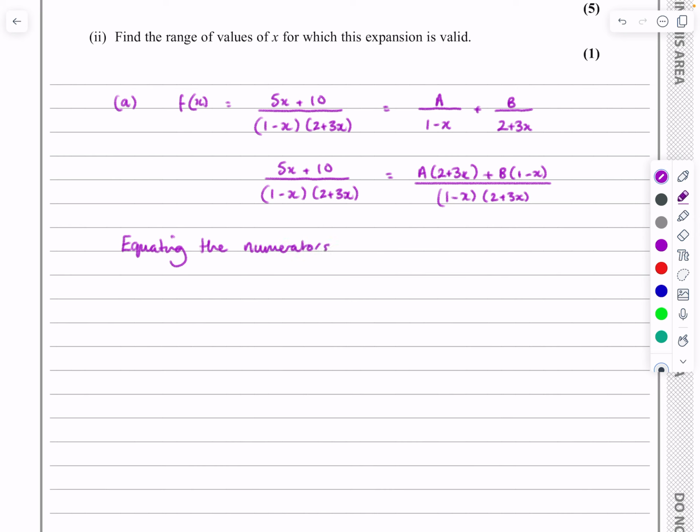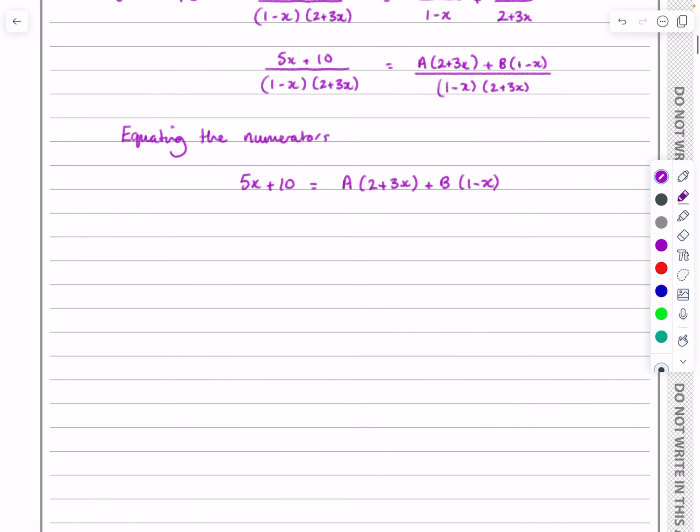So that means I'm going to get 5x + 10 is equal to A lots of (2 + 3x) plus B lots of (1 - x). And here I want to get rid of the A and get rid of the B. So if I set x equals 1 first of all, then that part there will be 0, which means the term with B will be 0.